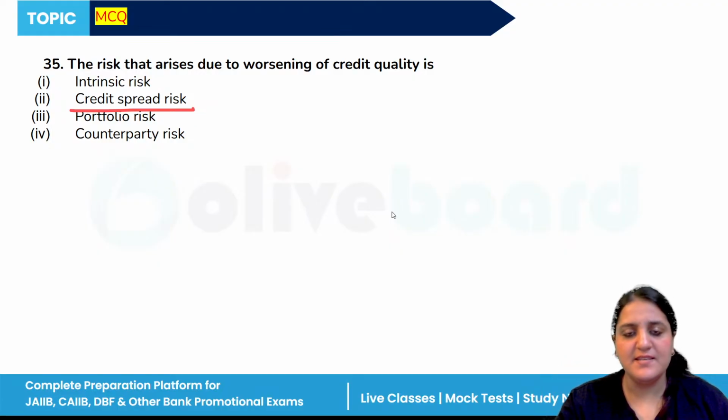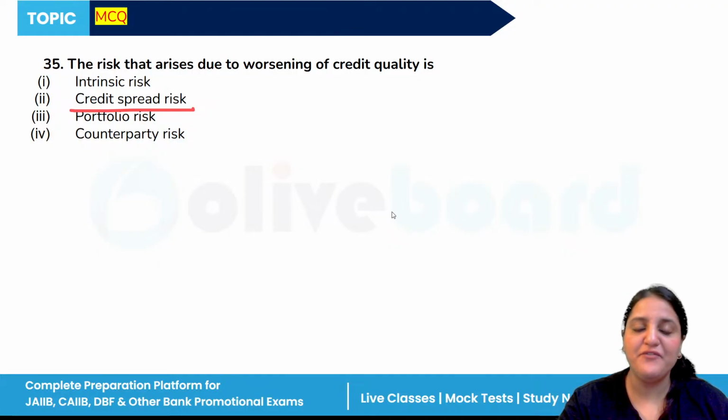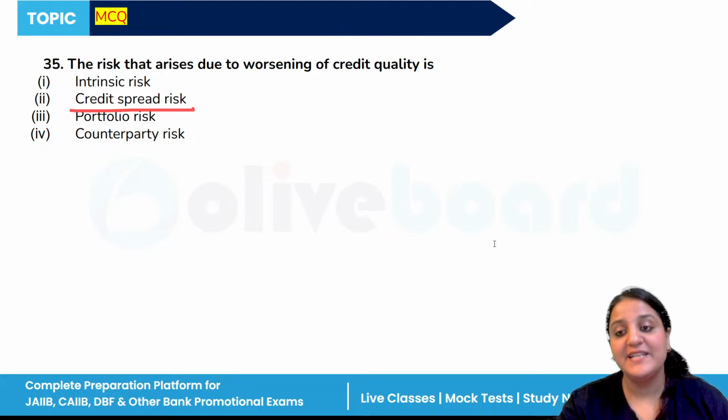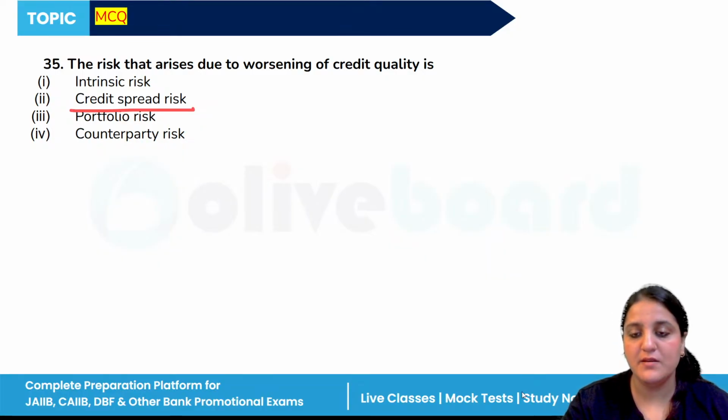But intrinsic risk is the default probability. Portfolio risk is the diversification effect, and counterparty risk is where one party is not able to fulfill their obligation. Suppose a bond rated A plus is downgraded to A, the bond price drops, the bank loses value, and credit spread risk is realized here. So the correct answer is option second, credit spread risk.